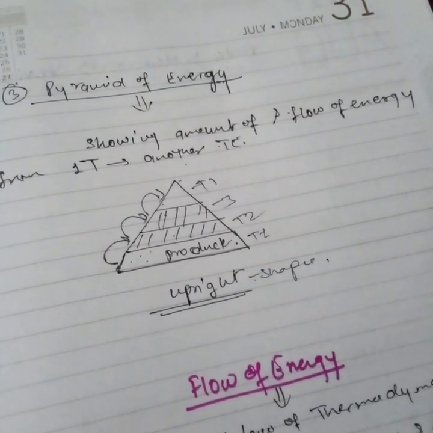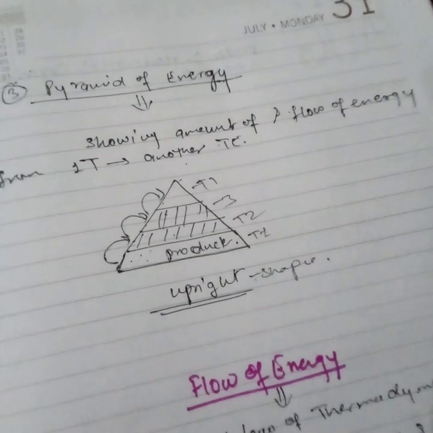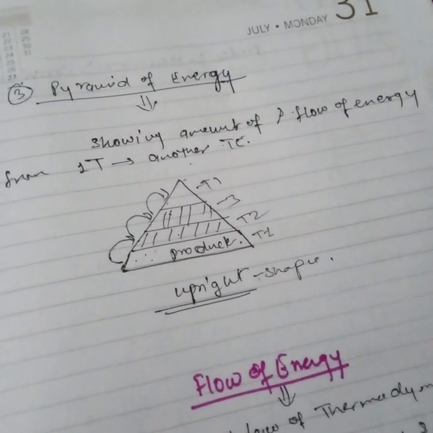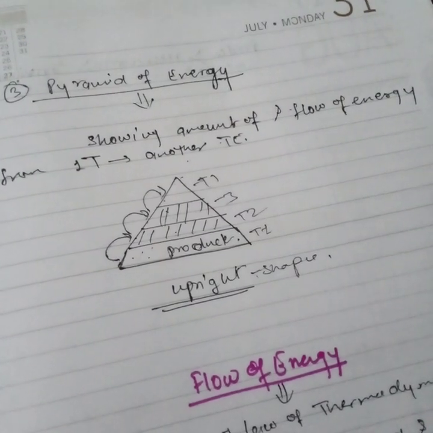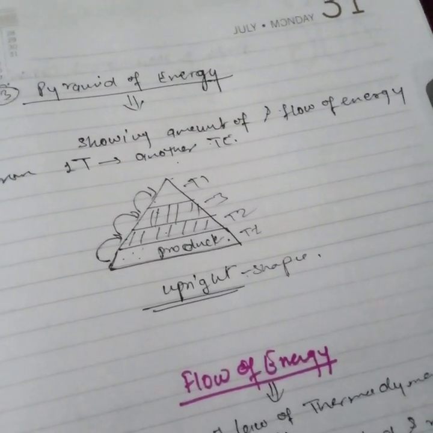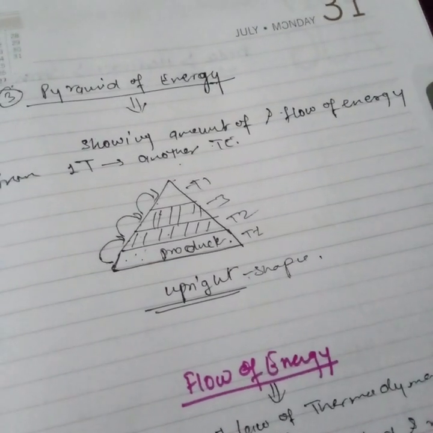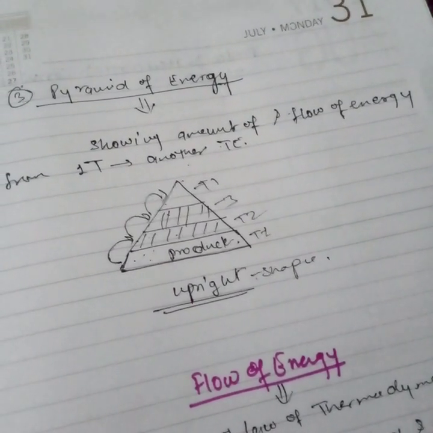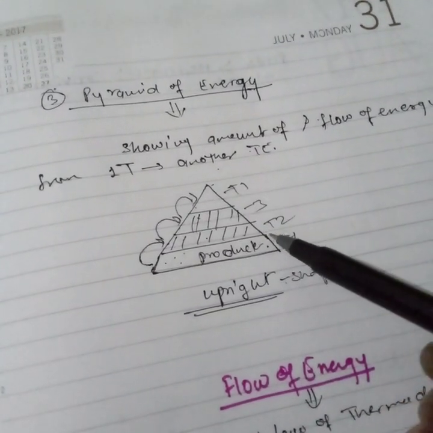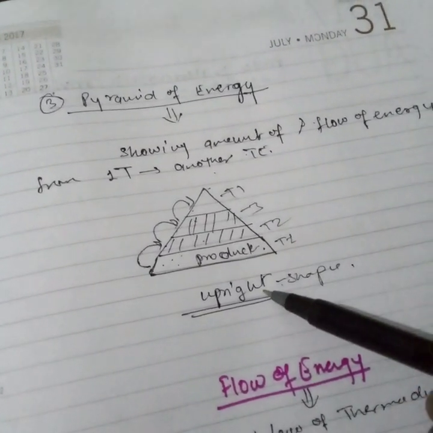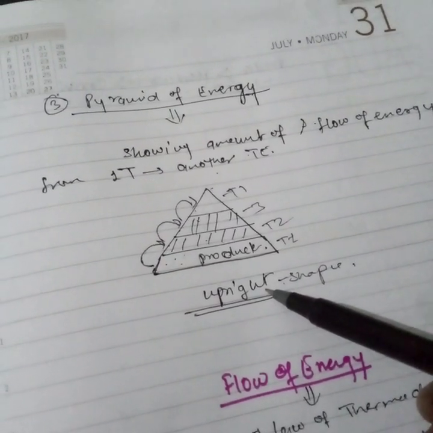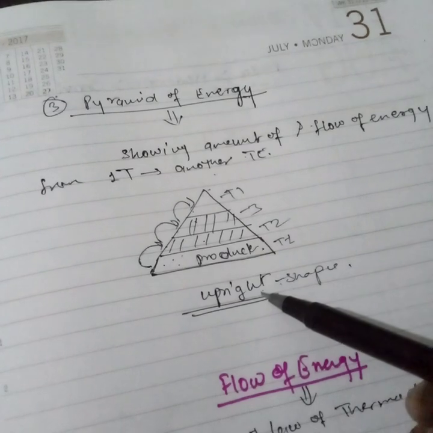And energy flow is not a cyclic process, it is in a sequential manner. That's why the shape of the pyramid of energy is always seen in upright condition.